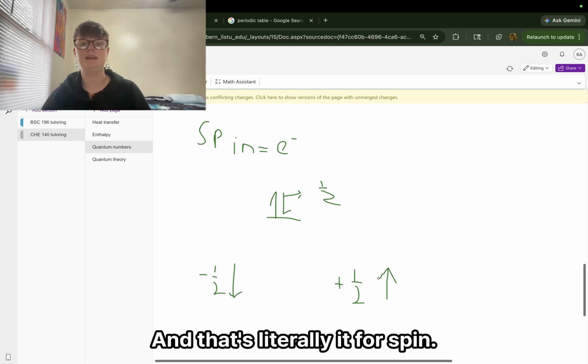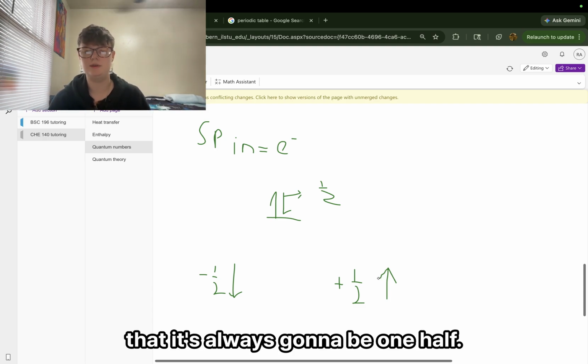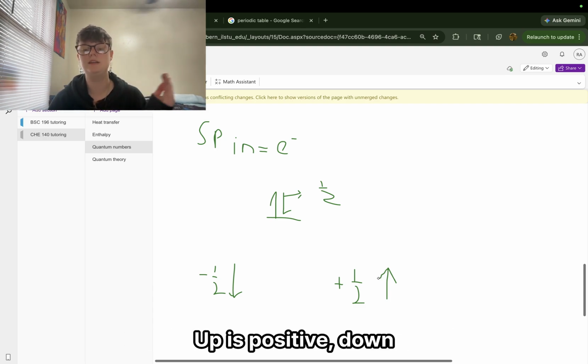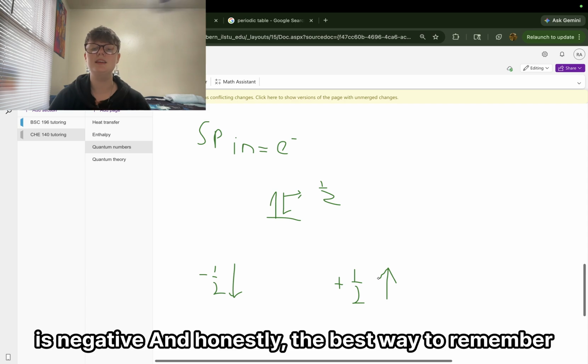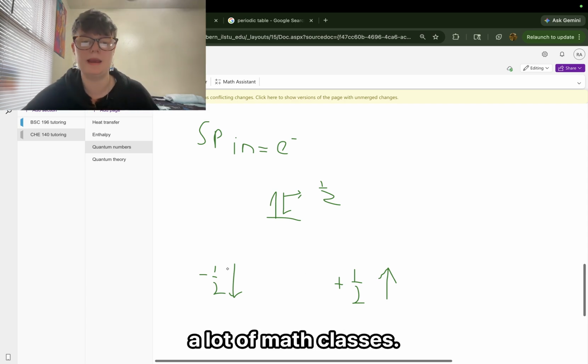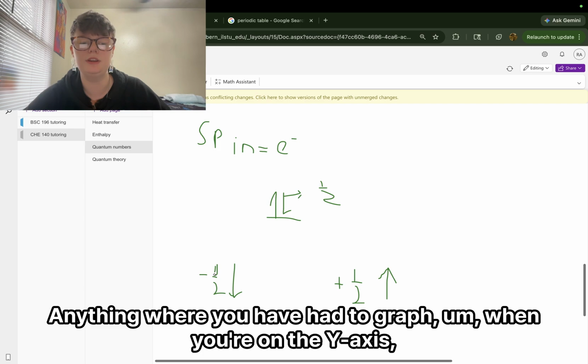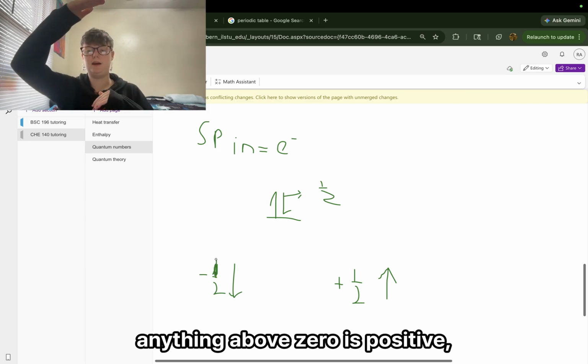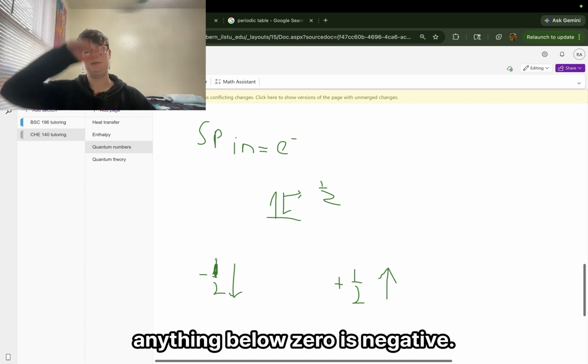And that's literally it for spin. You just have to know that it's always going to be 1/2. Up is positive, down is negative. The best way to remember that one is to think back to algebra, or really a lot of math classes. Anything where you had to graph, when you're on the y-axis, anything above 0 is positive, anything below 0 is negative.